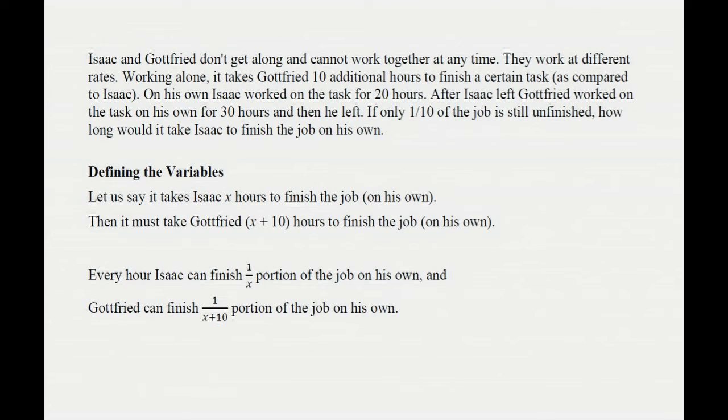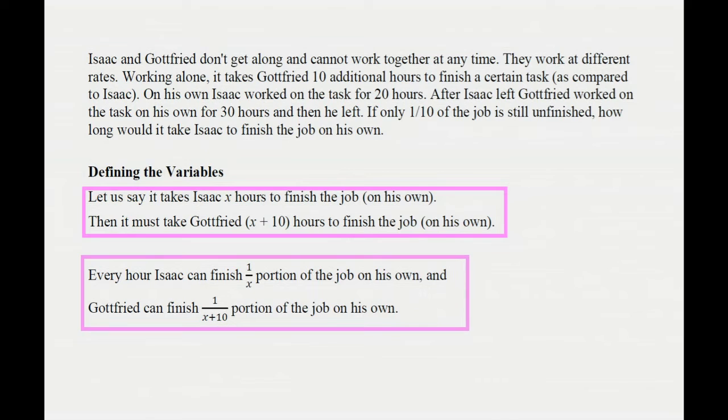Now, based on what we said right here, we can draw the following conclusions. If it takes Isaac X hours to finish the entire job on his own, Isaac must be finishing 1 over X portion of the job every hour.